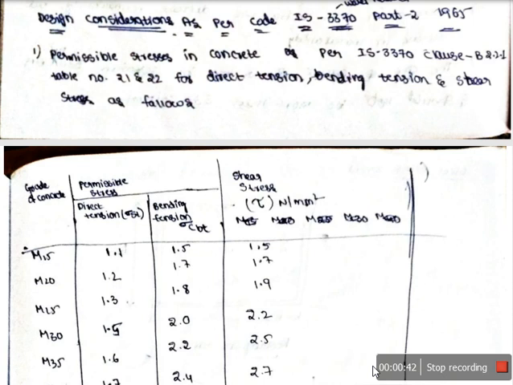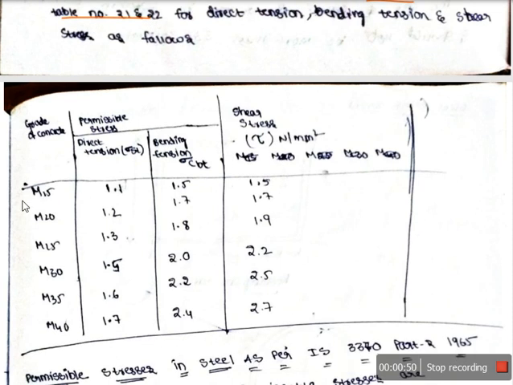So Tables 21 and 22 of IS 3370 will provide you the details of the permissible stresses in direct tension, the permissible stresses in bending tension, and shear stress values for grades of concrete, not all grades, from M15 to M40.